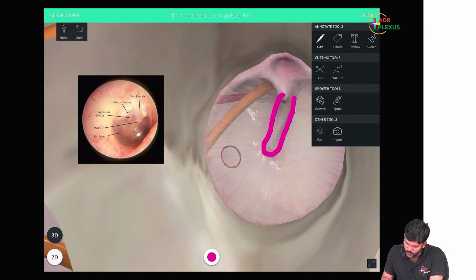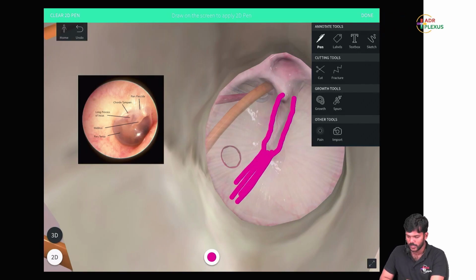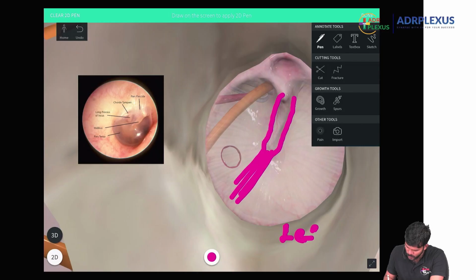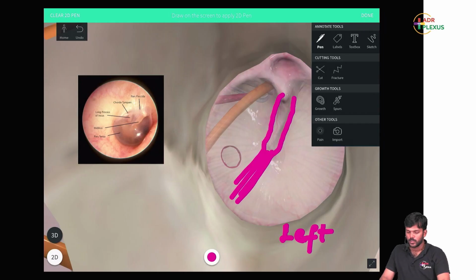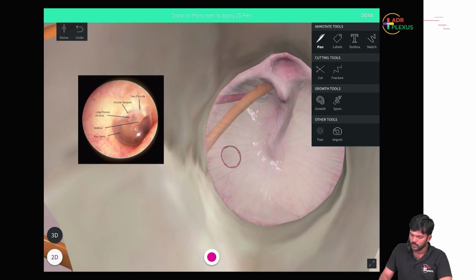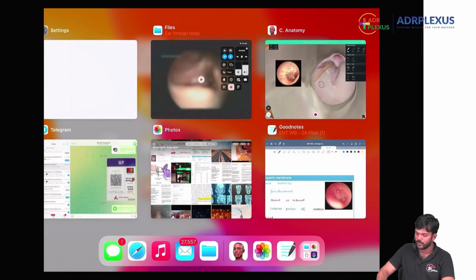If this is towards like this, you will see a left sided tympanic membrane. So I'll draw in our workbook, make it very clear.